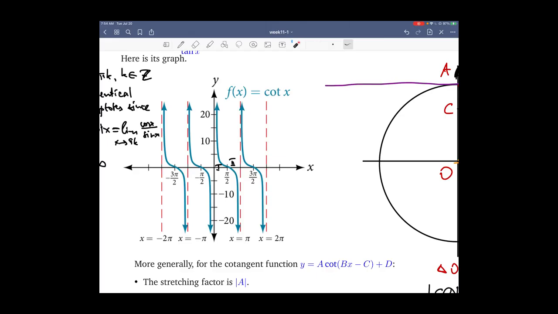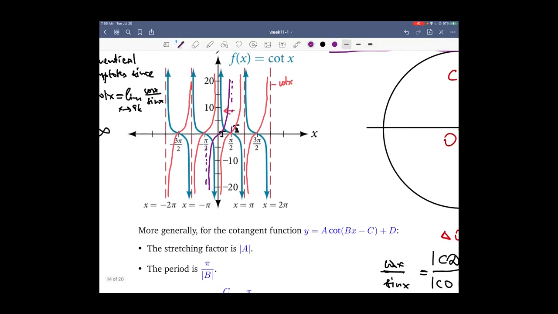More precisely, if I draw a curve like this, which is clearly negative cotangent, and shift it to the left by a quantity of pi over 2, that will be exactly tangent.